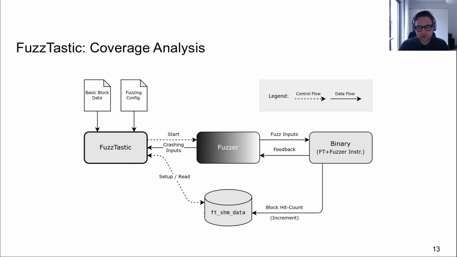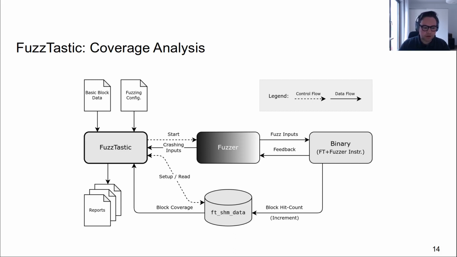It generates inputs and throws them at the instrumented binary. So whenever the input is executed, and whenever a basic block in particular is executed, the corresponding hit count in the array which is stored in the shared memory is incremented, and FuzzTastic can query that information in a user-defined interval and write the corresponding coverage reports.